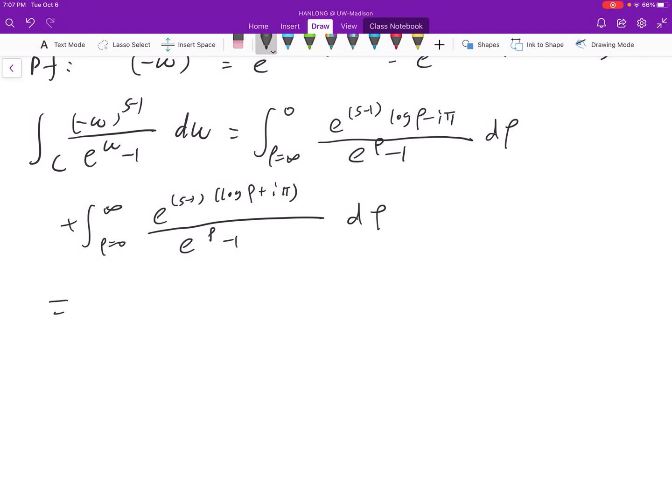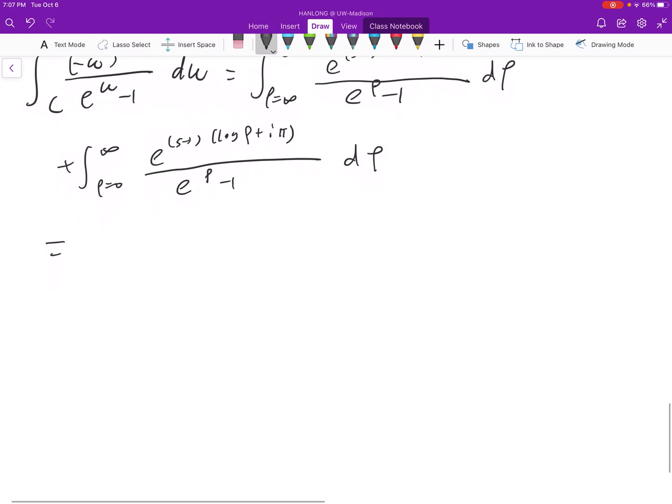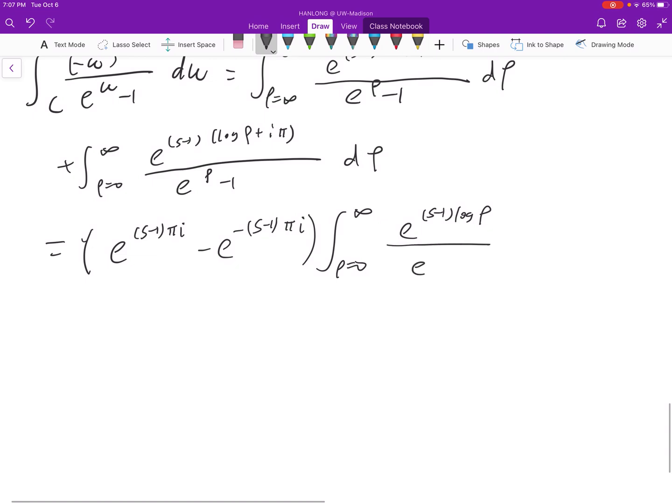And you simplify it. So this is in the index, minus i pi. Simplified, you have exponential s minus 1 pi i minus exponential negative s minus 1 pi i, times the integration of rho from 0 to infinity of exponential s minus 1 log rho over exponential rho minus 1 d rho.